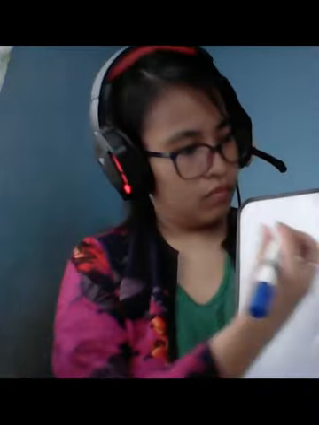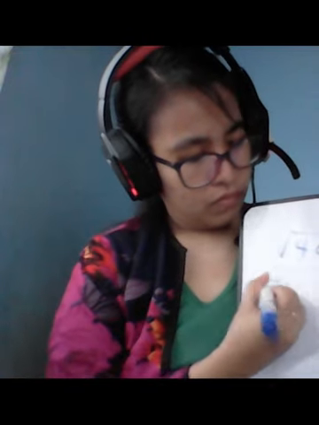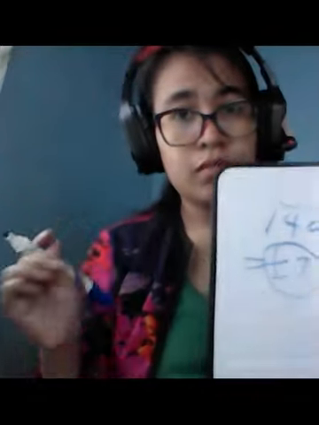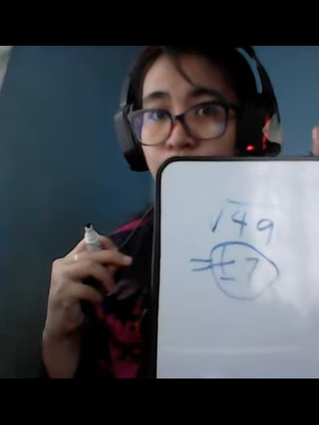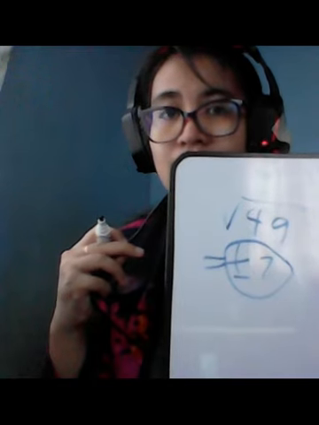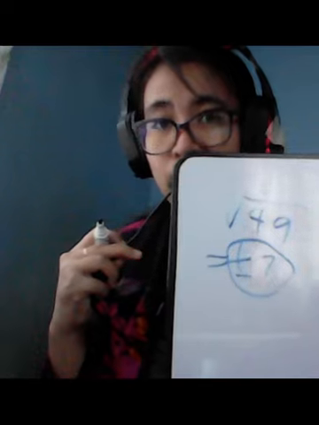Okay, here is how you write this when we say square root. So the answer is positive negative 7. But when we say principal square root, it means we only take the positive.